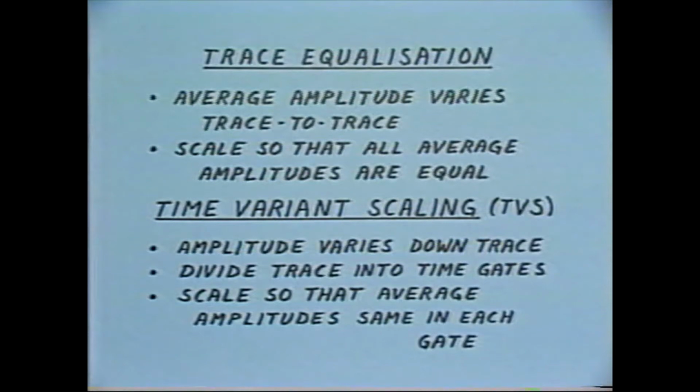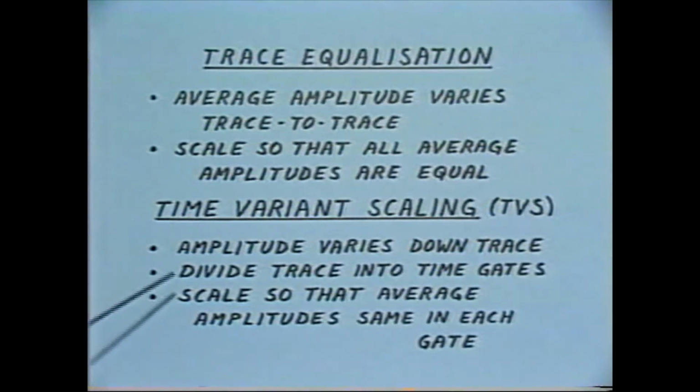Now, situations also occur where the amplitude varies in time down the trace in some way which we want to correct. In a situation like that, we can apply time variant scaling.